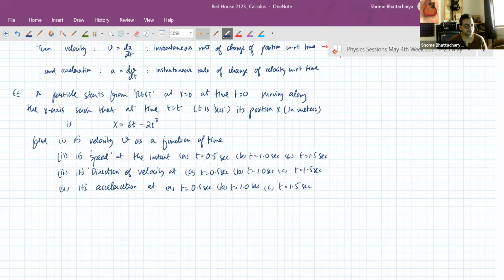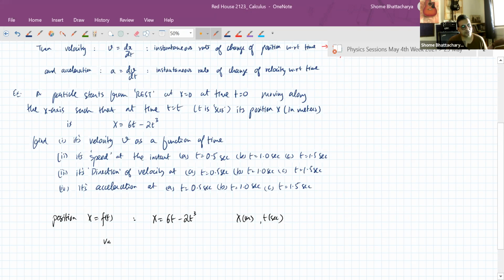So let's go through this. Okay, so the position x is given to us as a function of time, as you can see. In fact, it's a cubic function, to be precise. Where position is in meters, time is in seconds.